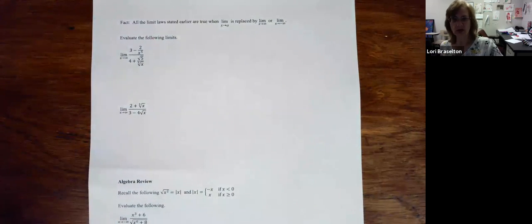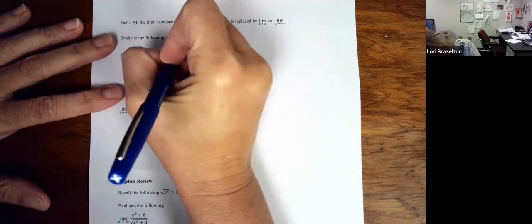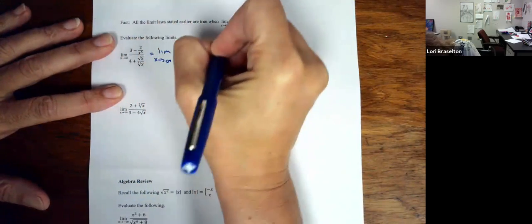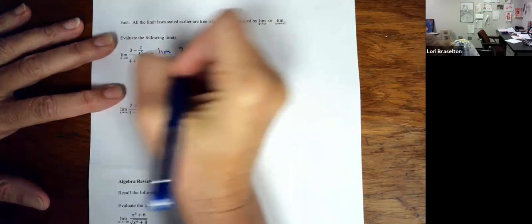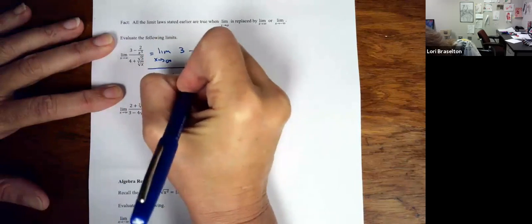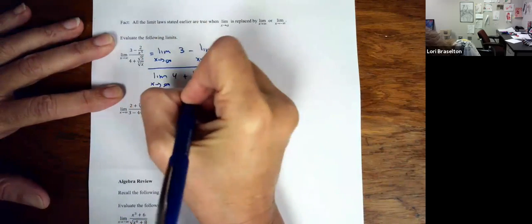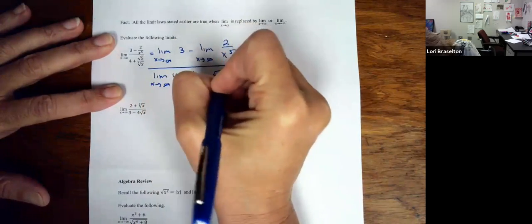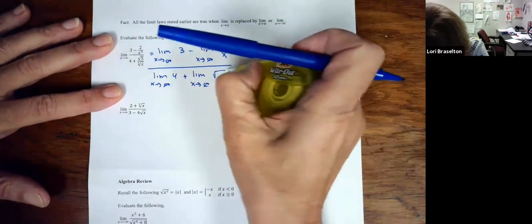Everything's still true. Primarily, I can split this up into 4 separate little limits. That's supposed to be a 5, not an x. Bring out the whiteout.